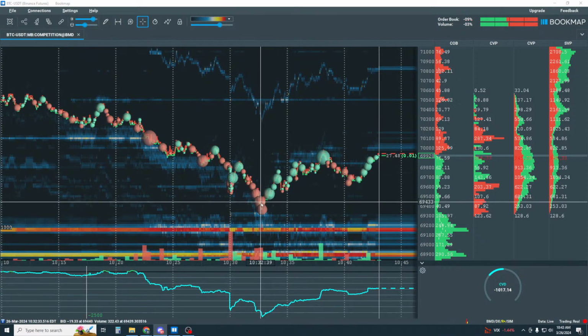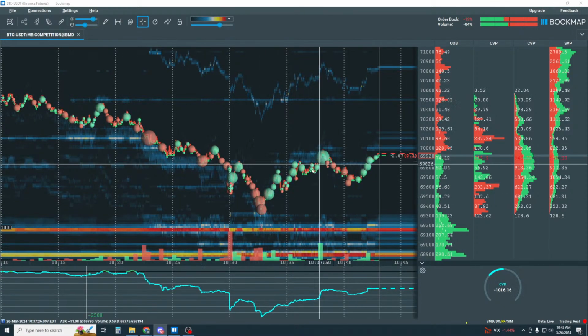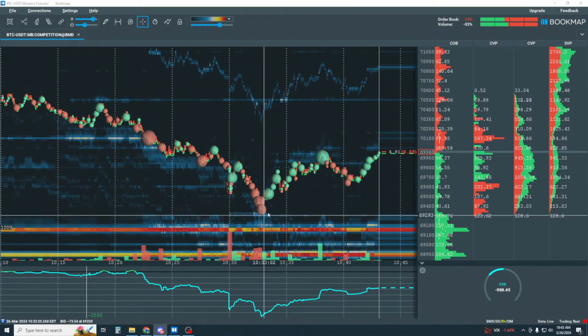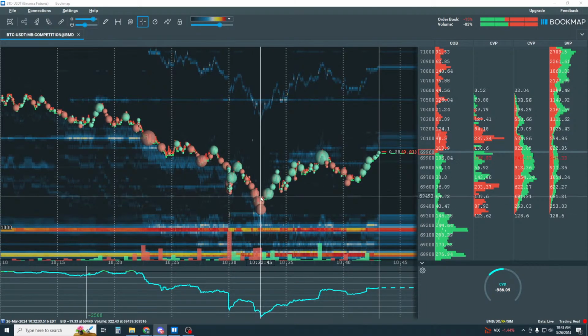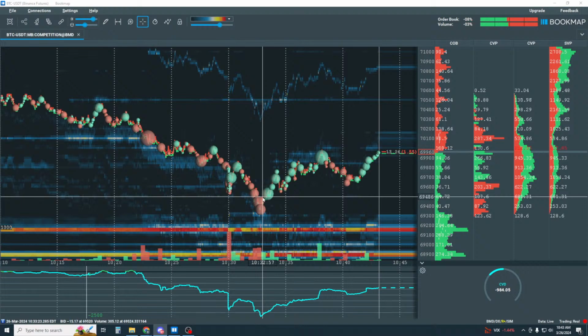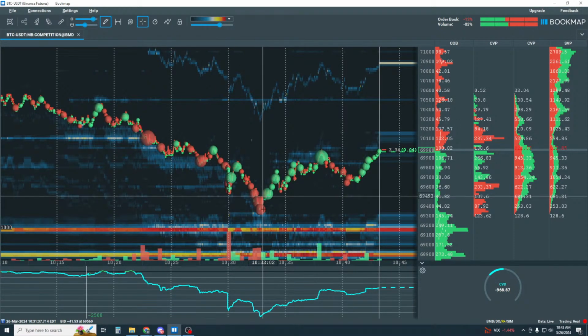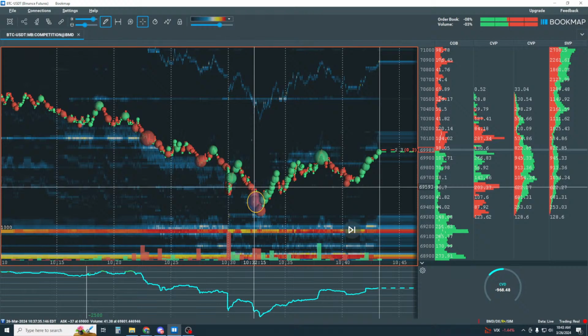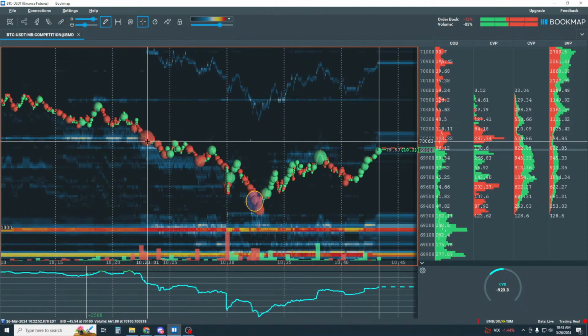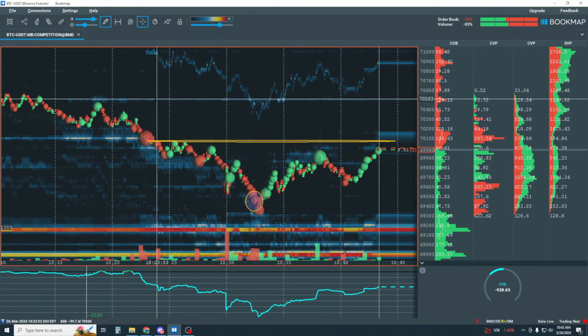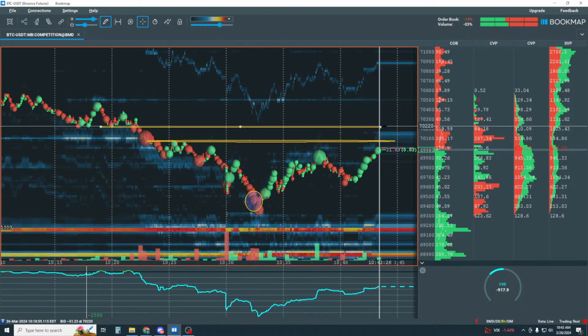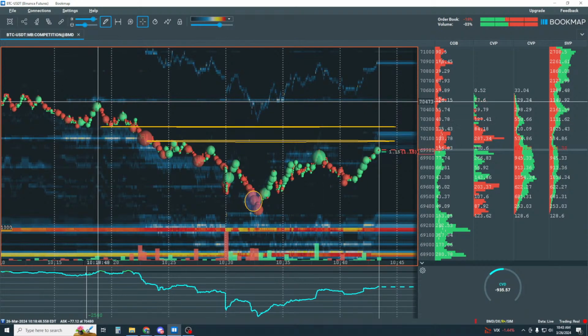It makes sense that this might be the move below, the trap volume or the stop run below that range, and then the move back up to here, or even here, where we broke down from.